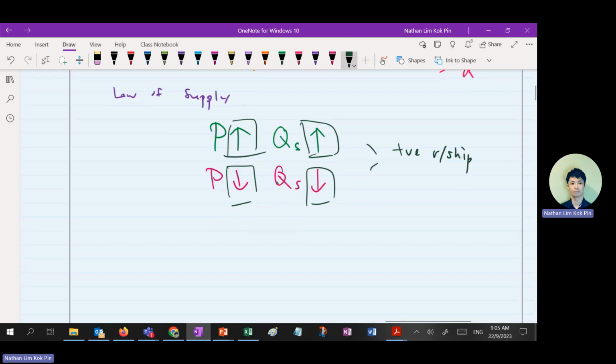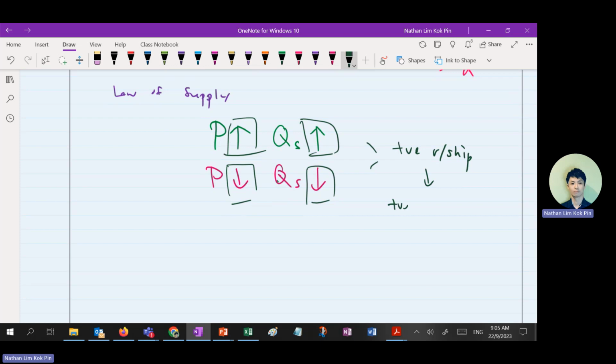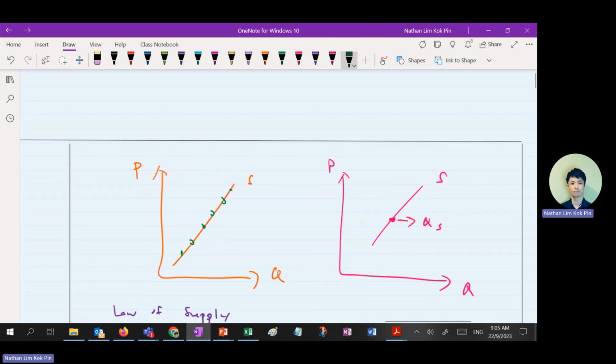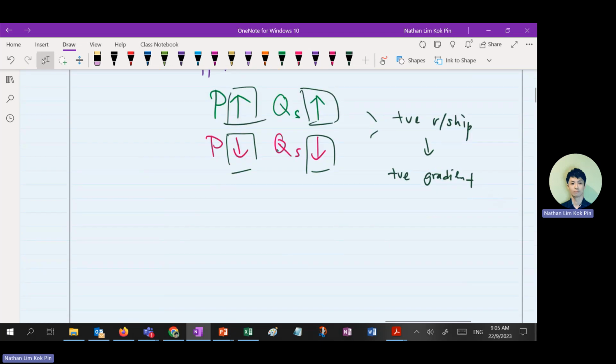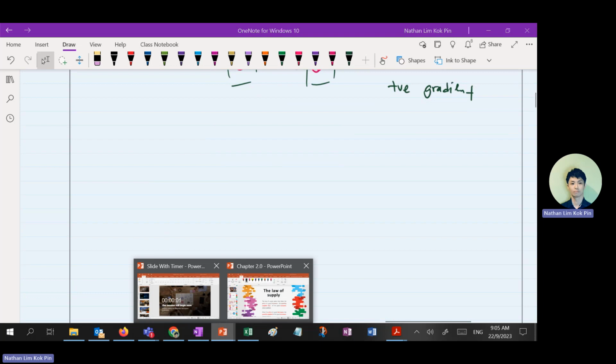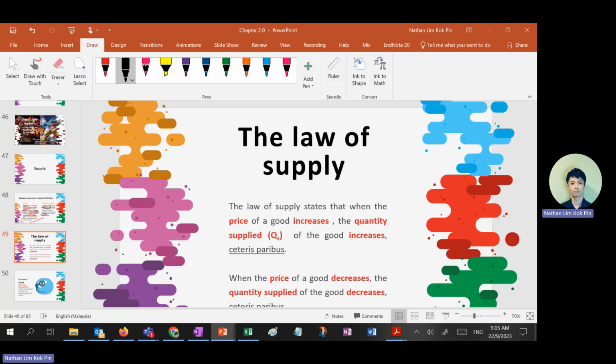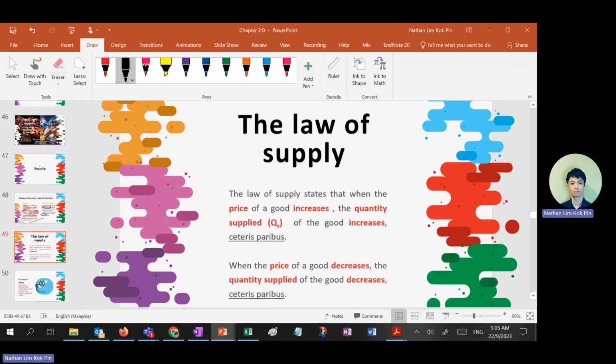Because of the positive relationship, later on you will see a positive gradient. So the supply curve always slopes upward. Positive gradient means going up, negative gradient means going down, right? Do you know what gradient is? Okay, at least you know what gradient is.